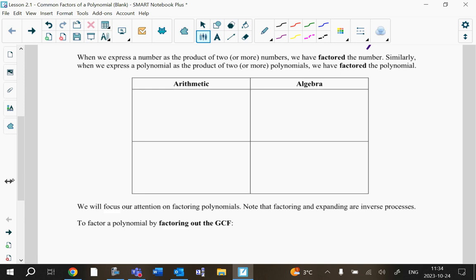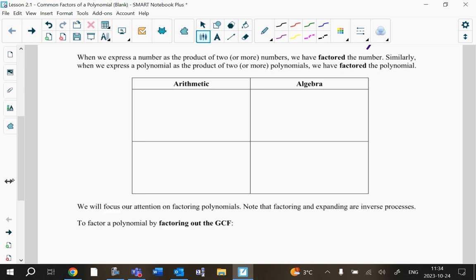So arithmetic with numbers only, no variables, no algebra. When we take a number and we break it up into 2 or more numbers getting multiplied together to get that number, we have factored it.